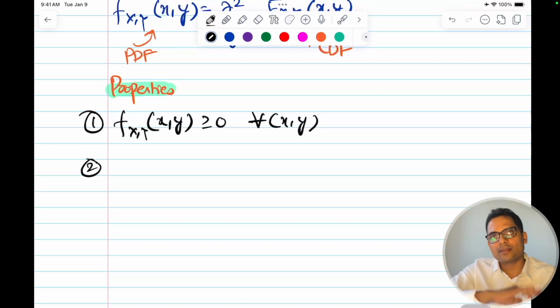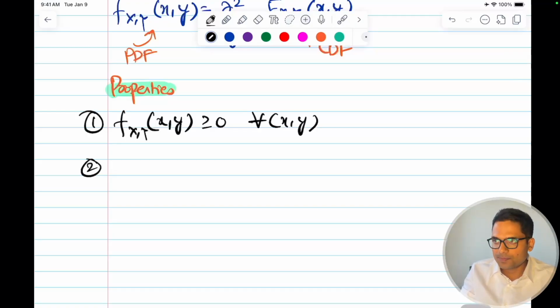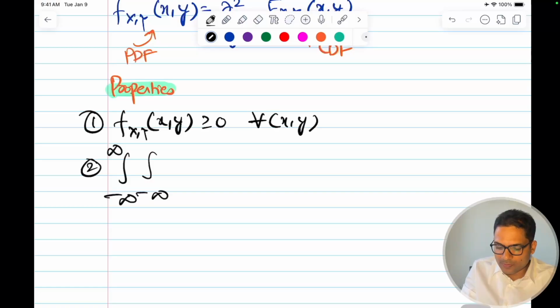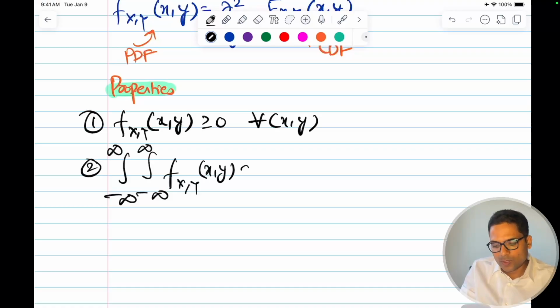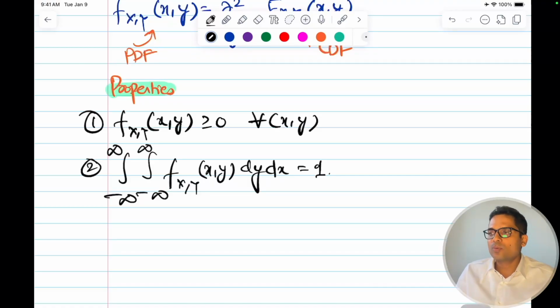The sum of all the area under the curve of the joint PDF, the joint probability distribution, would be 1. So we'll integrate from minus infinity to infinity, for both the variables x and y, and this whole thing should sum up to 1, dy and dx.